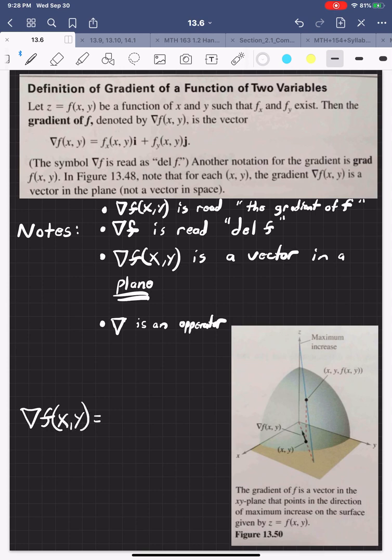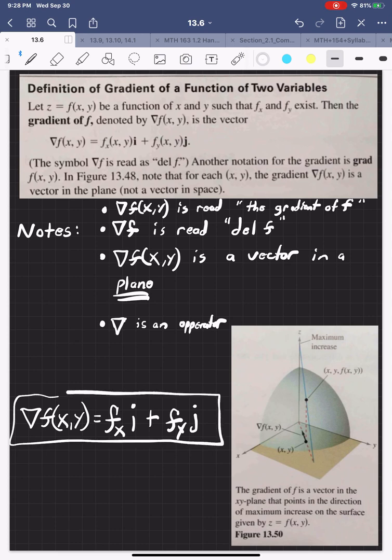So here it is. You've got your partial with respect to x in the i direction, plus your partial with respect to y in the j direction. So again, notice it's a vector. The gradient is a vector. Ready?